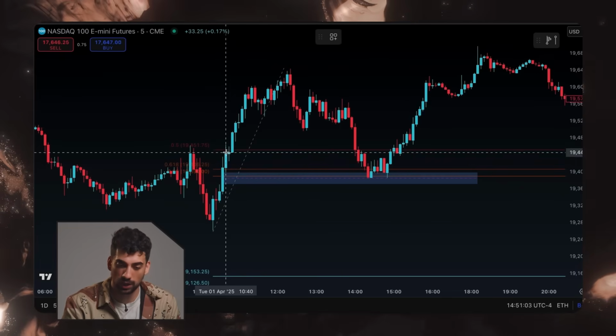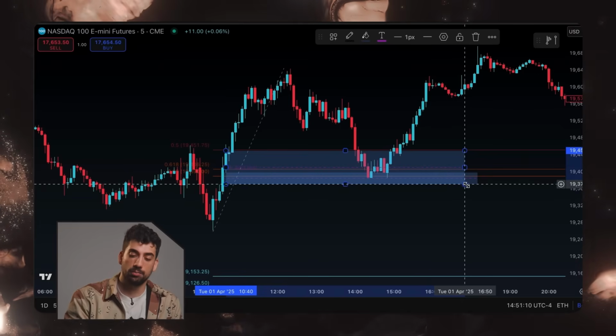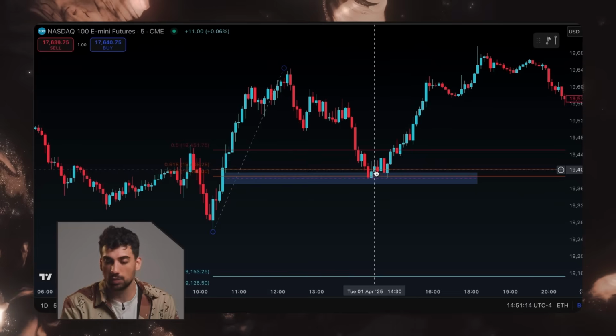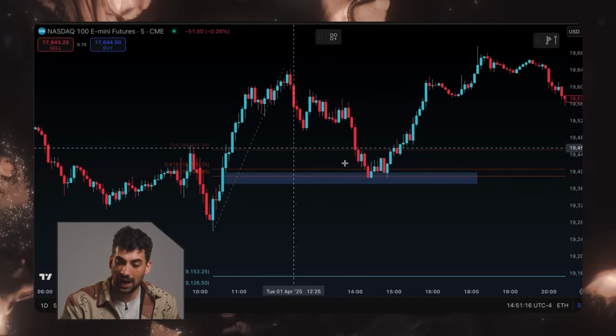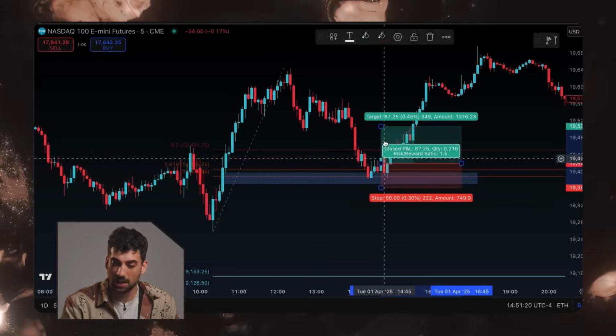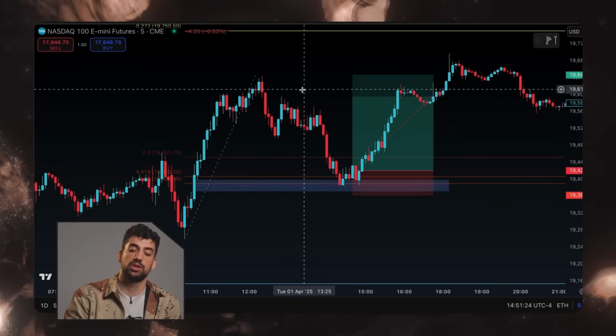So I'm looking at this whole area right here. If I want to long this trend, I need to look for a buy between this zone. So price taps, enters it, we get a candle close above it. I can take a long position anywhere near it with a stop loss below the gap, targeting a new high, wherever my TP might be, and this is how I would take this trade.